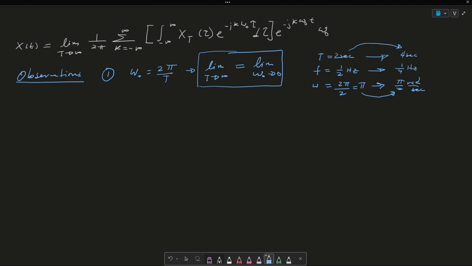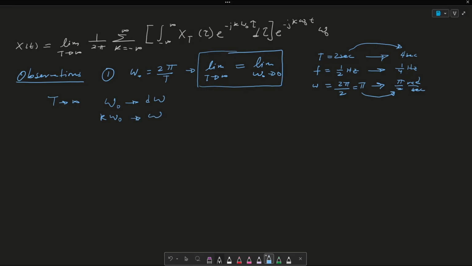And this observation number 1 also tells us two things: that as my t goes to infinity, the frequency spacing omega naught becomes infinitesimally small. So omega naught gets to this d omega, and the discrete frequency, so k of omega naught, becomes the continuous frequency variable.